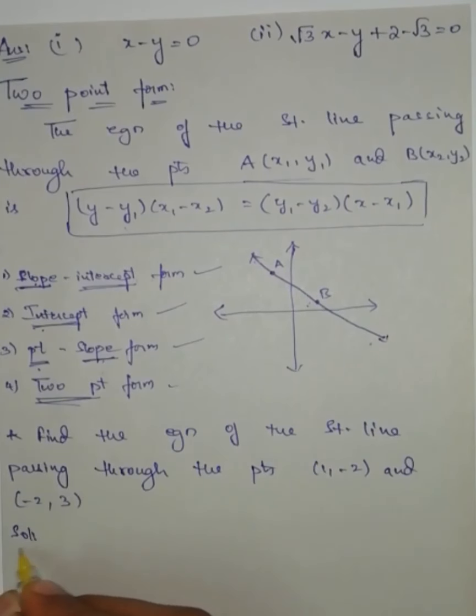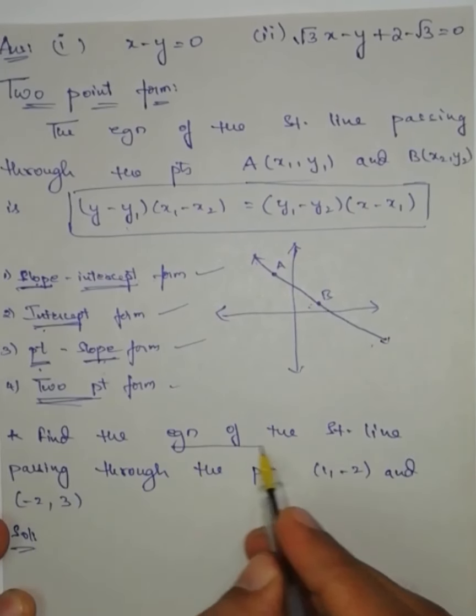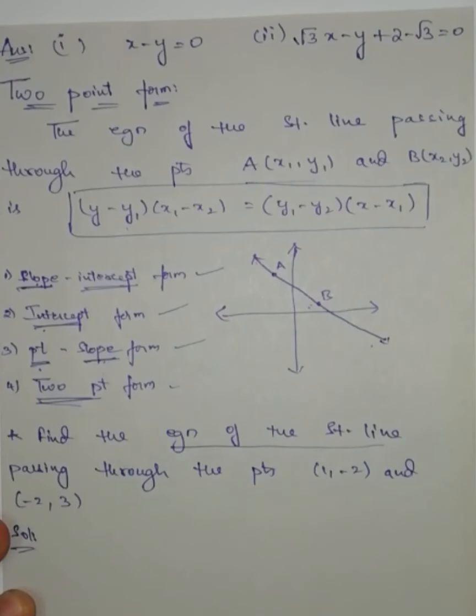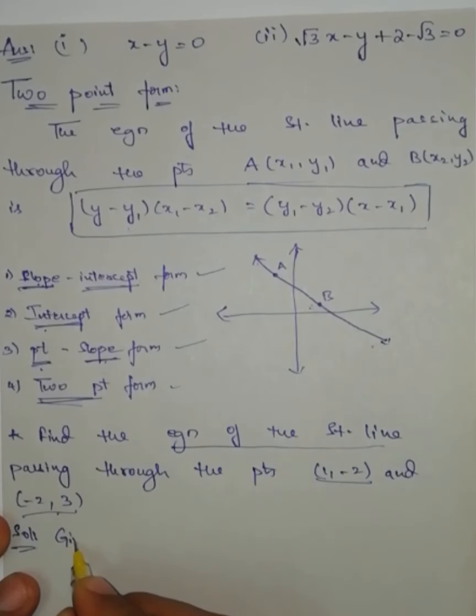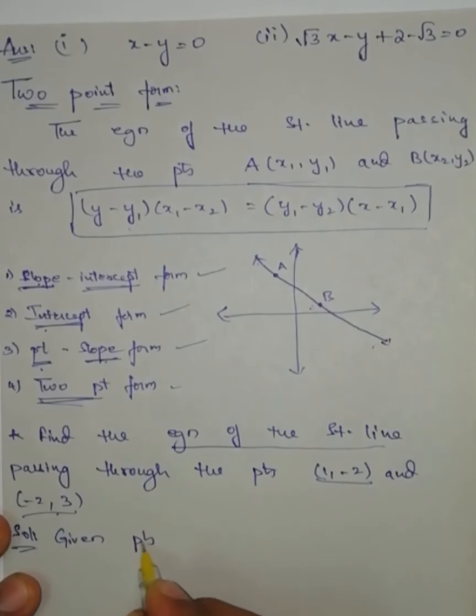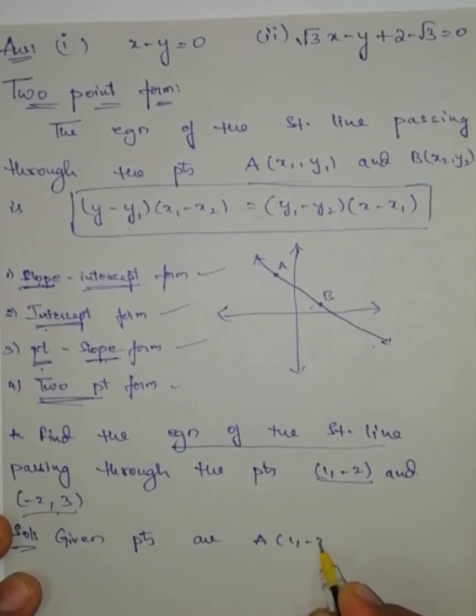Solution. Now here we have to find the equation of a straight line, and given that the straight line is passing through 2 points, therefore we can use the 2-point formula. Given points are A 1 comma minus 2, B minus 2 comma 3.